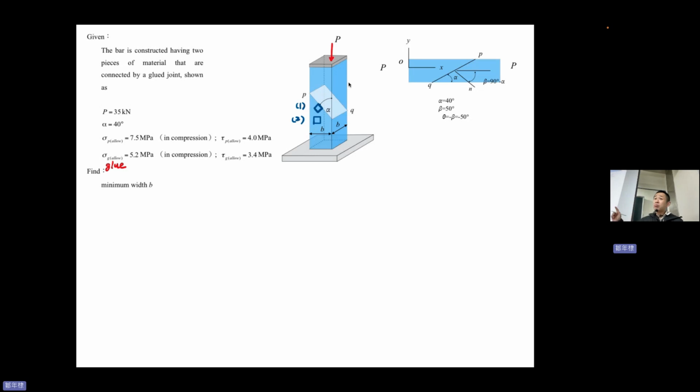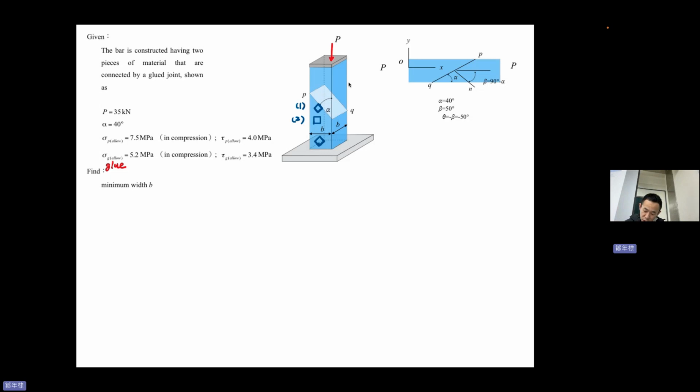So the maxima occur at 0 or 180 degrees, so this one needs to be checked. And 45 degrees also needs to be checked, because the maxima occur in these two cases.